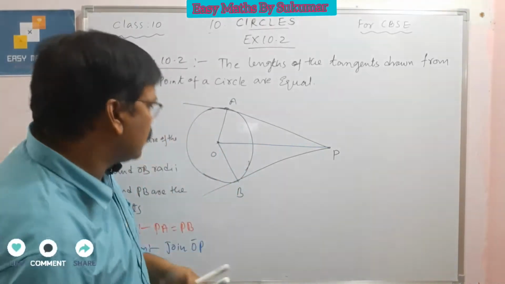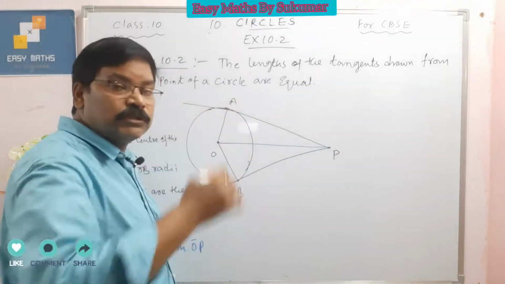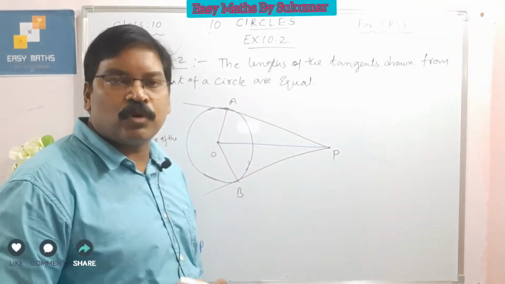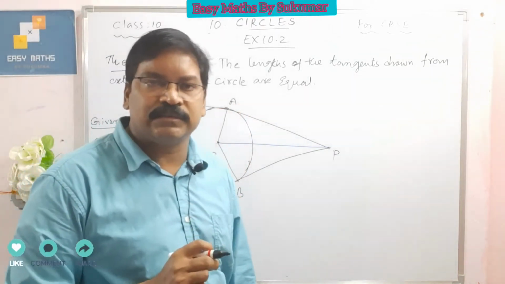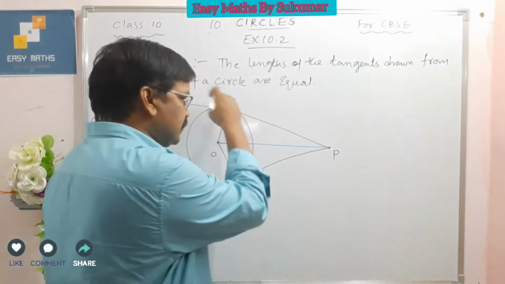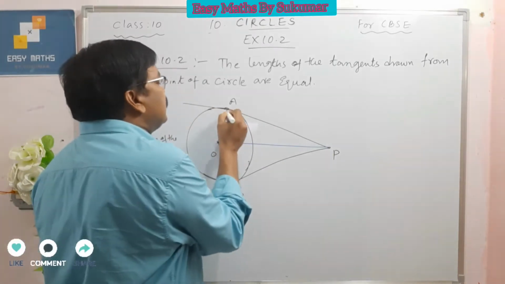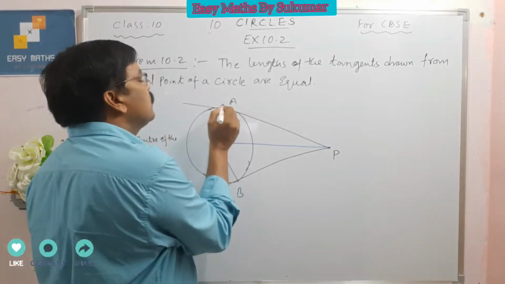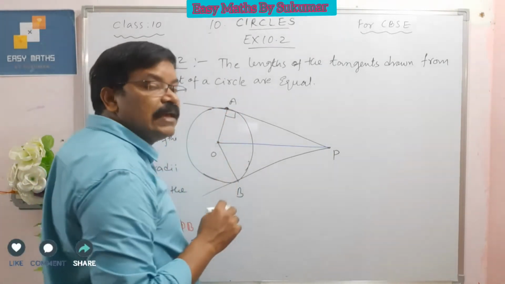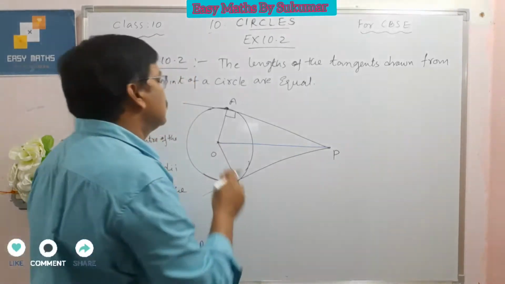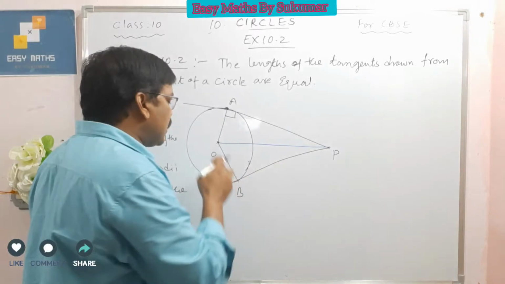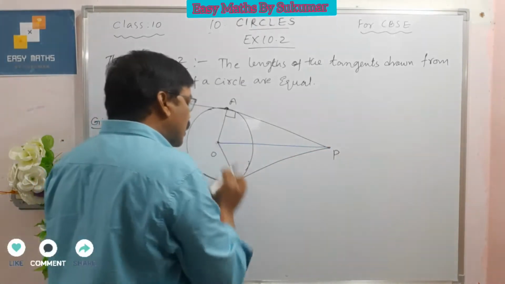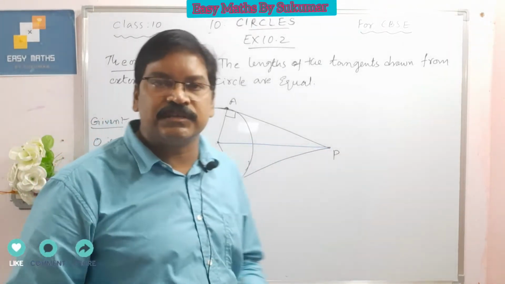See my dear students, now we know from theorem 10.1 that the tangent and the radius at the point of contact are at a right angle, or 90 degrees. That means angle PAO is 90 degrees. Similarly, angle PBO, or angle OBP, is also 90 degrees.